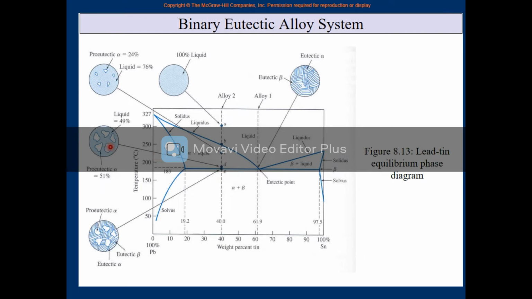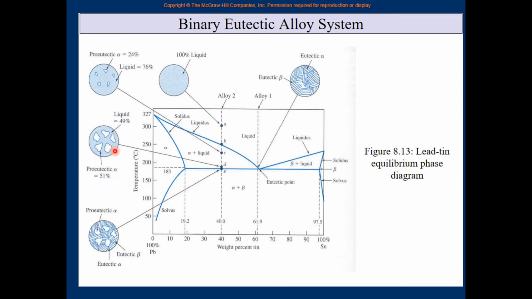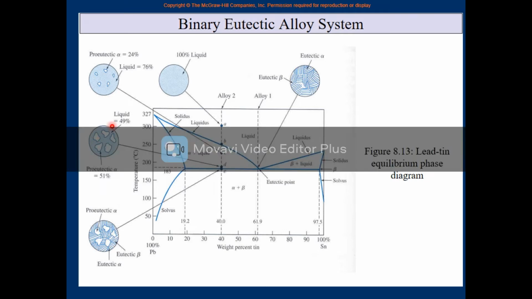Whatever diagram you have at point D will remain. These big pieces of alpha inside are there. Whatever liquid is there will change to alpha plus beta. So they are drawing a dash line, so that wherever there was liquid, you draw some dashes.